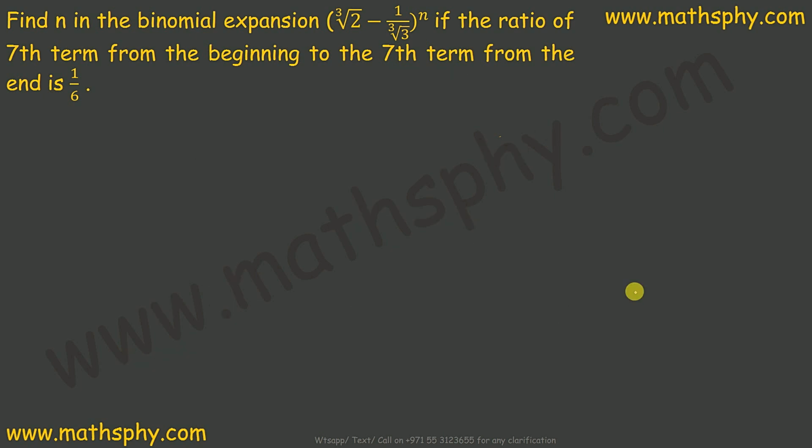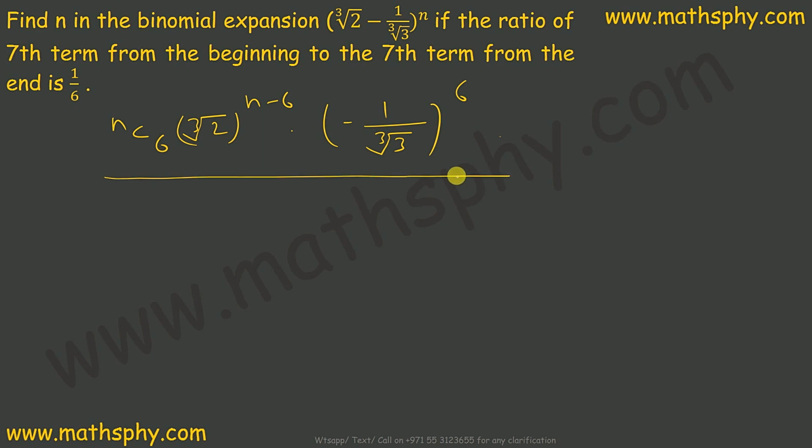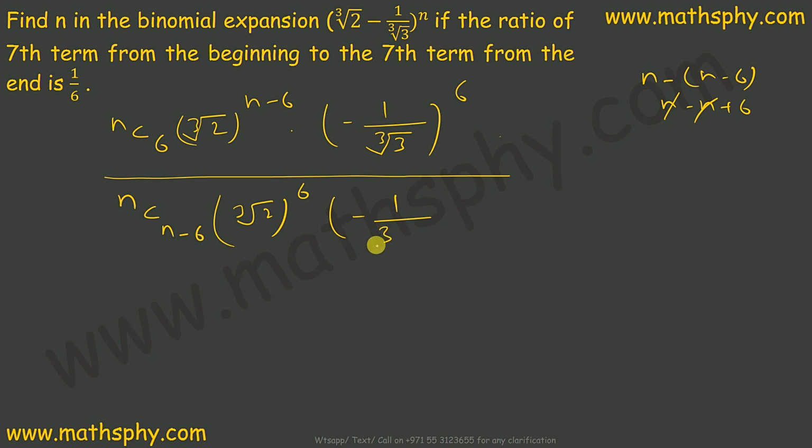Now the 7th term from the beginning is nC6, and this will be 3 root 2 over n minus 6, into negative 1 over 3 root 3, over 6. For the other term, the power of 3 root 2 becomes 6 minus (n minus 6), and the power of the other factor is n minus 6.